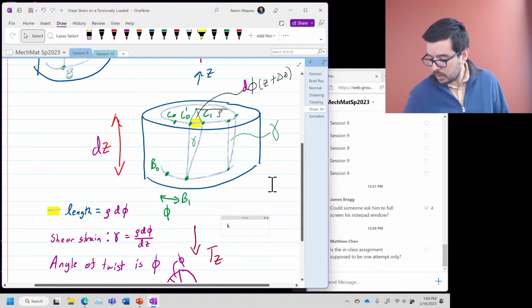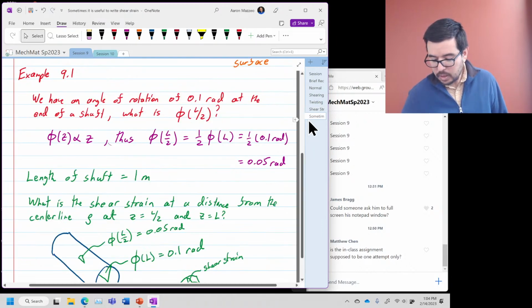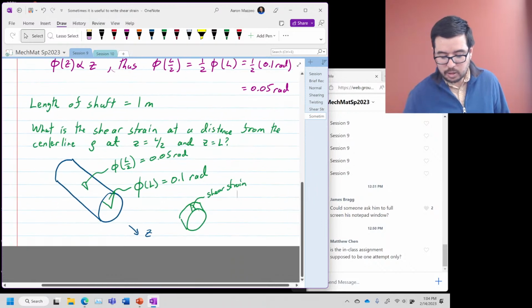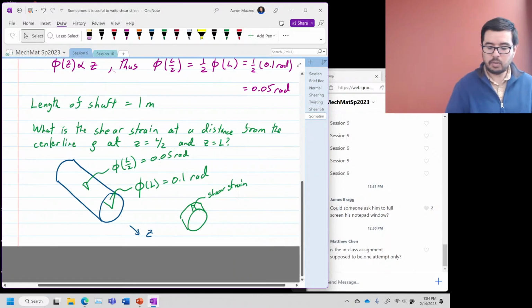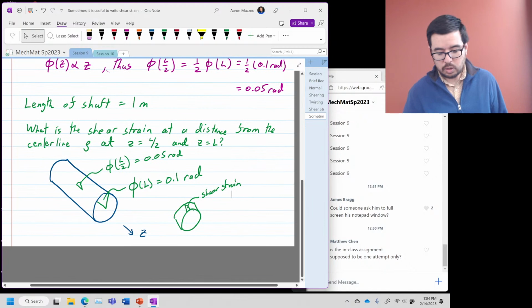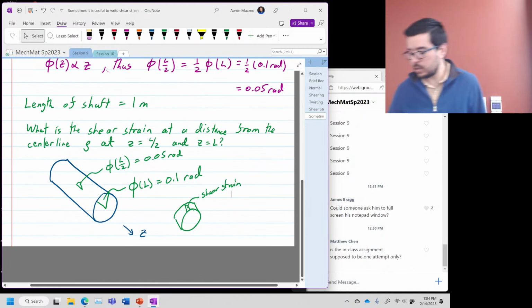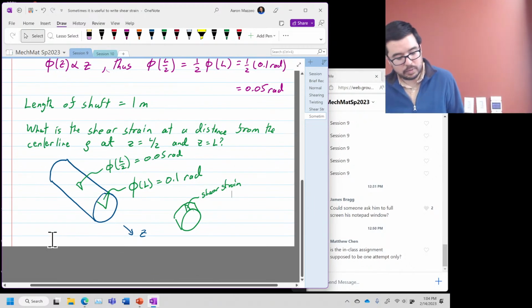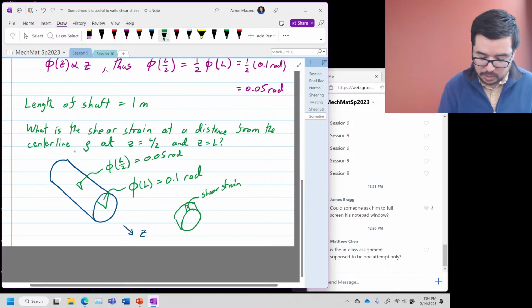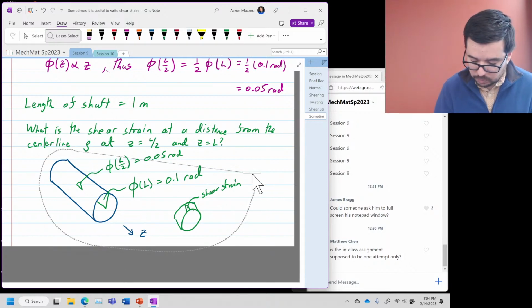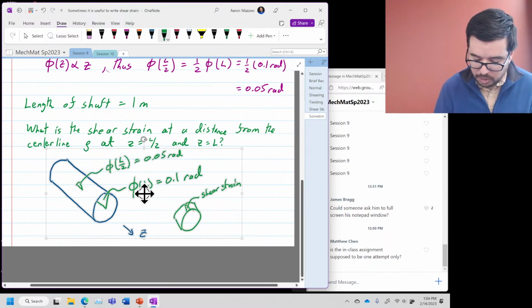Now, we said that the slope is constant along the length of this system. So if the slope is constant, how would I figure it out?